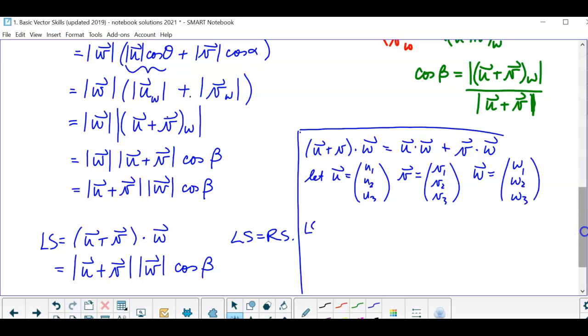So left side, we've got to add those vectors together, dot product with W.